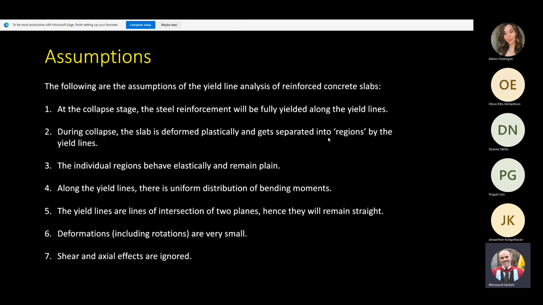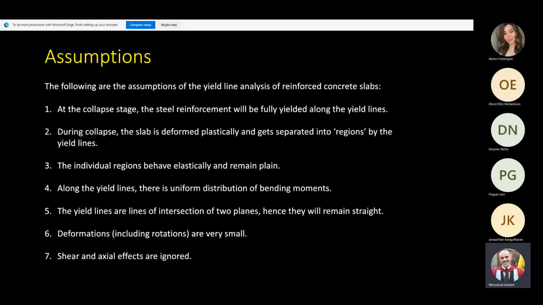Okay, we make a number of assumptions, just like we did with the plastic theory of structures. If you remember, we had a number of assumptions. Assumption number one, at the collapse stage, the steel reinforcement will be fully yielded along the yield lines. It's very similar to the plastic theory. Do you remember what we said?